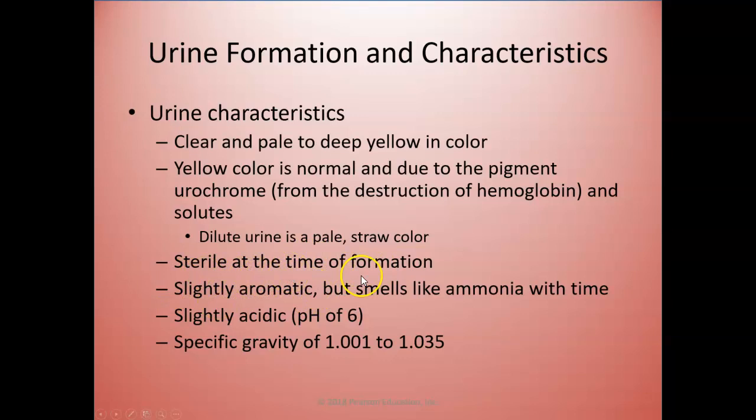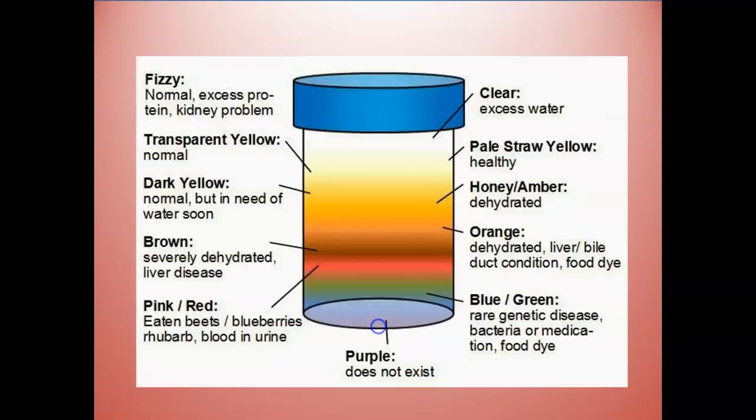Probably not. There's probably some bacteria or some other stuff that can get into the bladder there. Not a lot, but some. It is slightly aromatic, but over time it smells like ammonia, slightly acidic, and there's a specific gravity of 1.001 to 1.035. So that means it is slightly denser than water. It would sink below water because it's got more solutes in it.